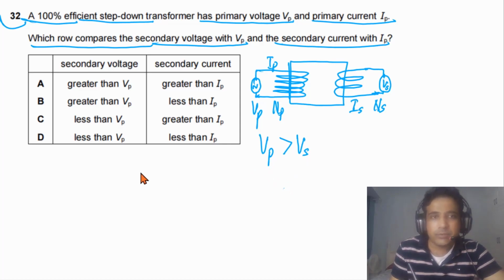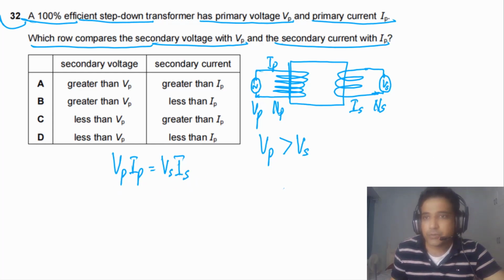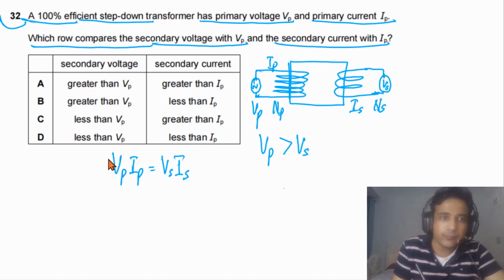And the second thing we need to understand is that this is a 100% efficient transformer. So we can say Vp Ip, the power input, and power output Vs Is are the same. So if Vp is greater than Vs, then Ip has to be lower.